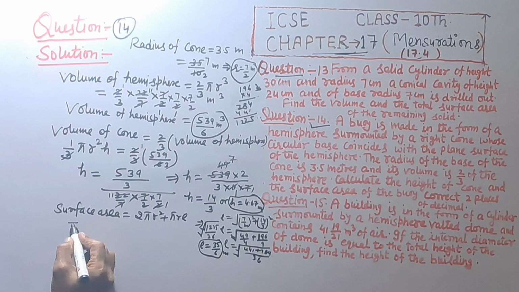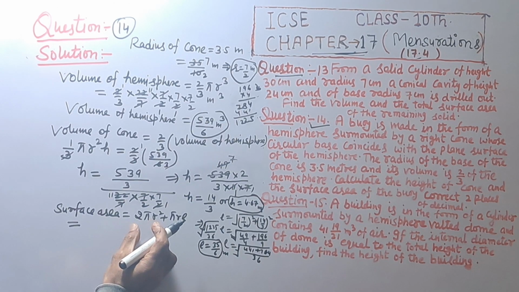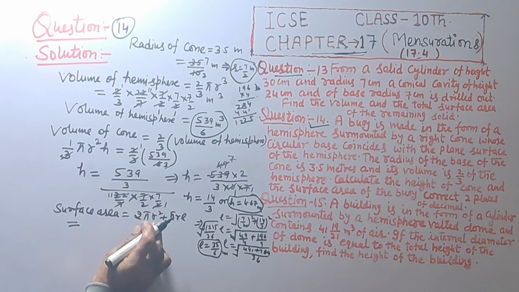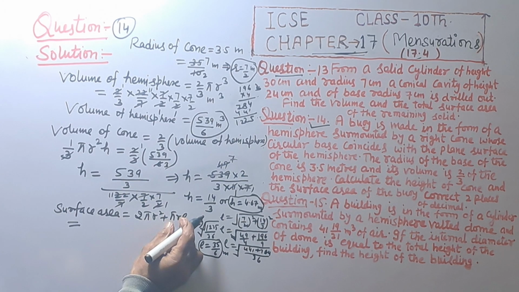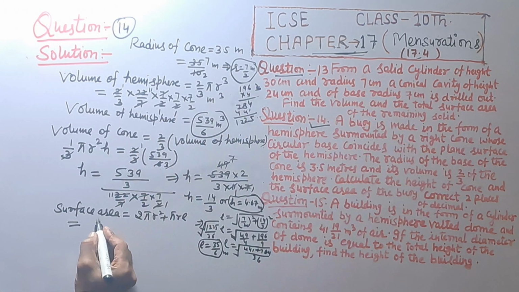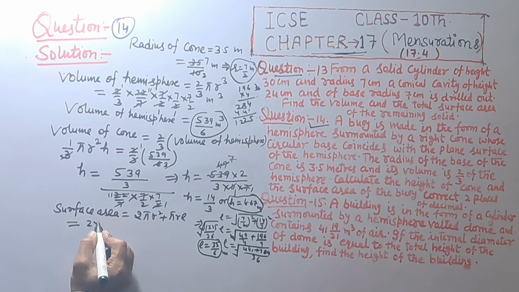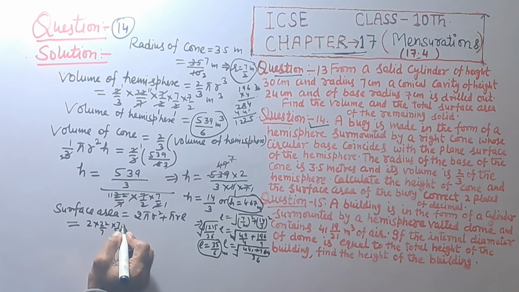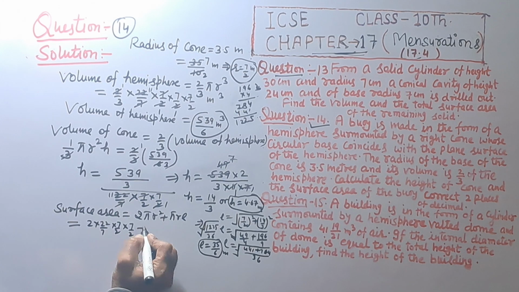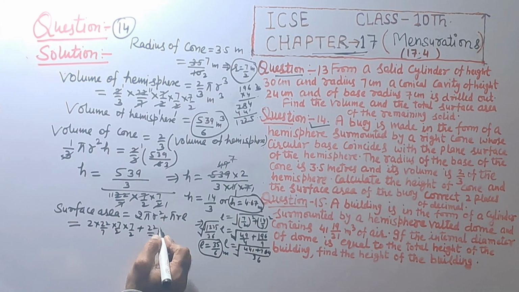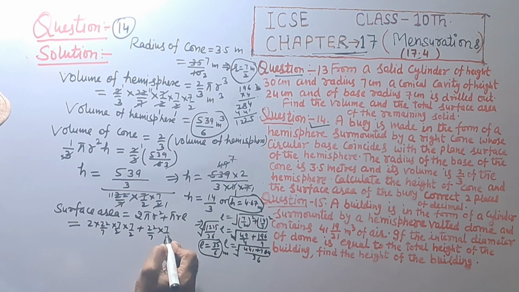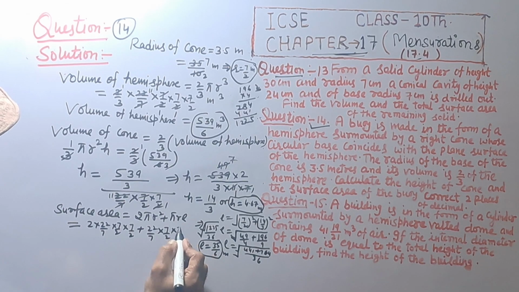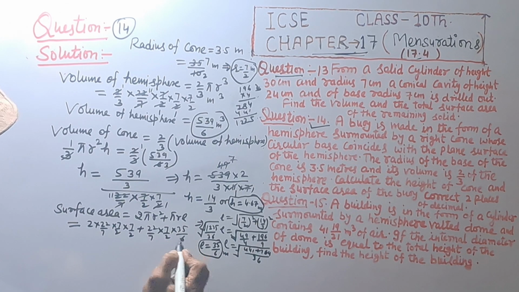And surface area of the toy is equal to curved surface area of hemisphere plus curved surface area of cone, that is 2 into 22 upon 7 into 7 upon 2 into 7 upon 2 plus 22 upon 7 pi, and radius is 7 upon 2 and slant height is 35 upon 6.